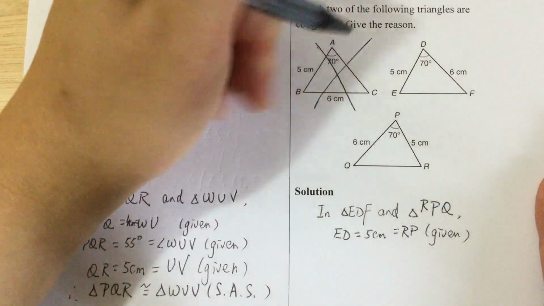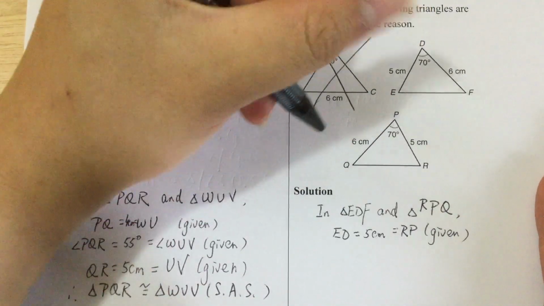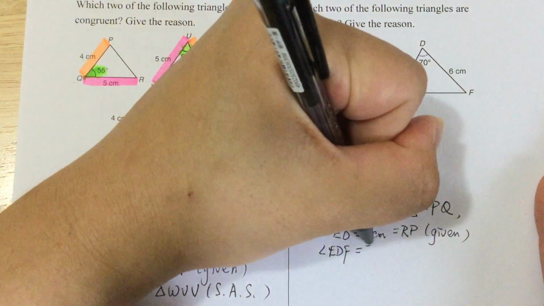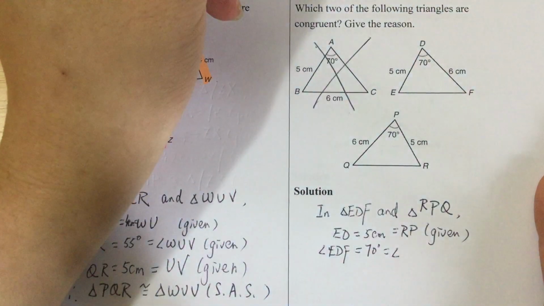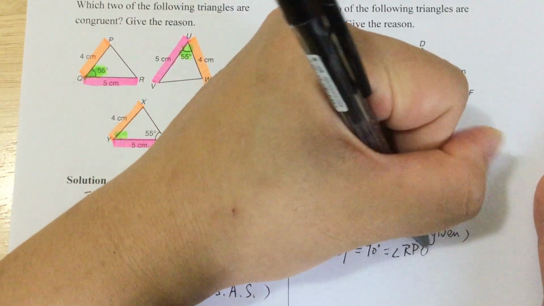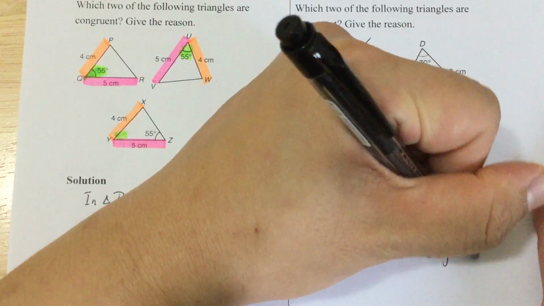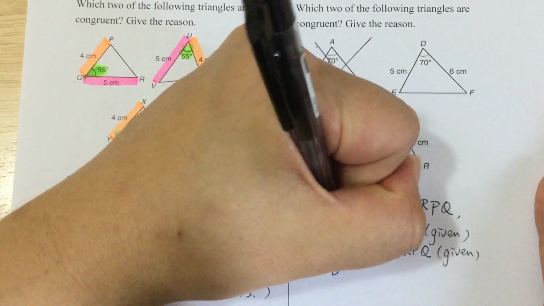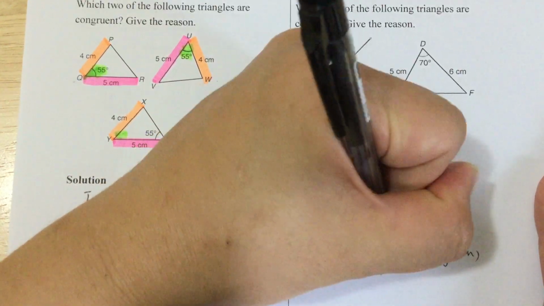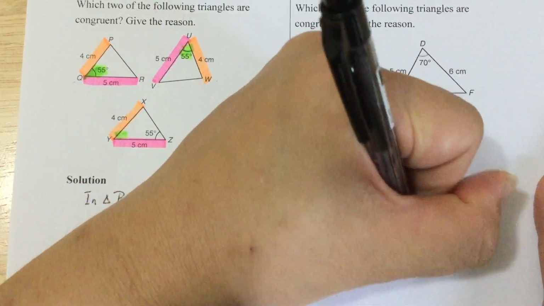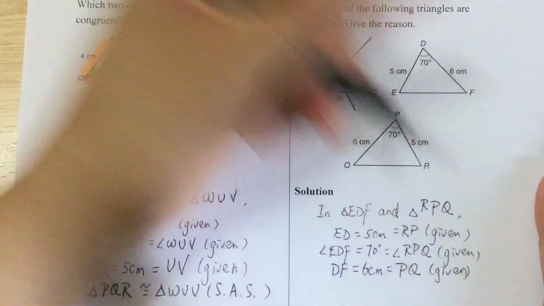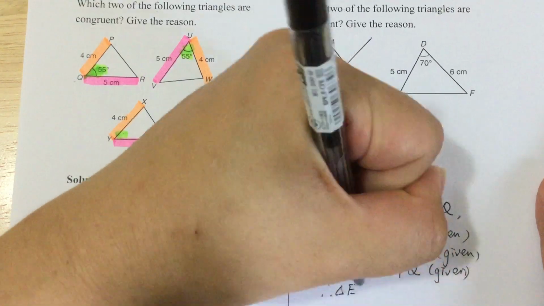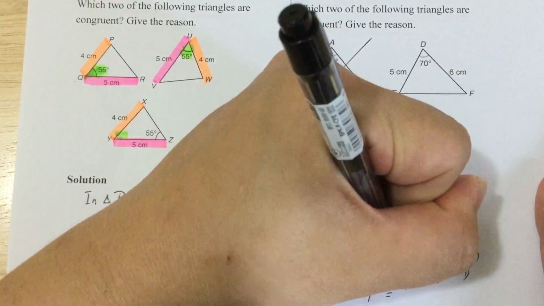And next, angle EDF equals 70 degrees, equals angle RPQ, given. And finally, DF equals 6 cm, equals PQ, given once again. So we can say these two triangles are congruent and we call them SAS.